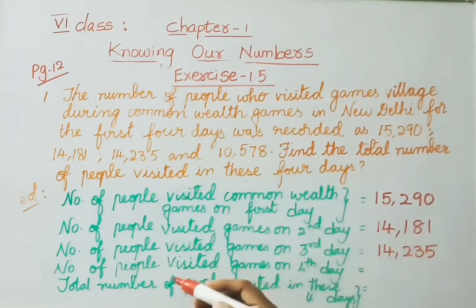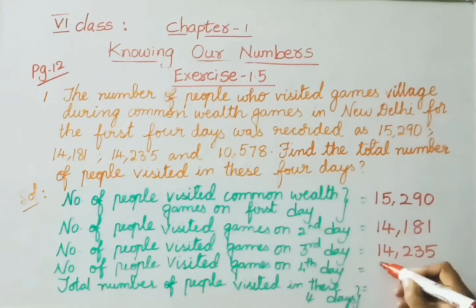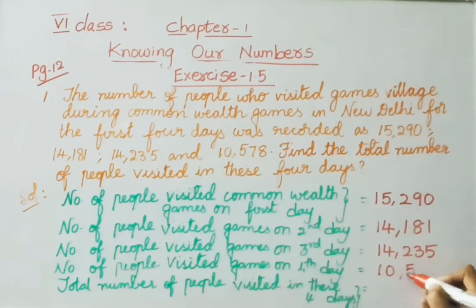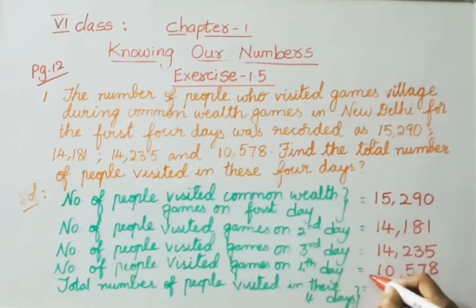Number of people visited on the fourth day, that is 10,578. Now what do they ask us to do? We need to find the total number of people who visited in these 4 days, so we need to do addition here. Let us find out. 0 plus 1, 1. 1 plus 5, 6. 6 plus 8, 14.